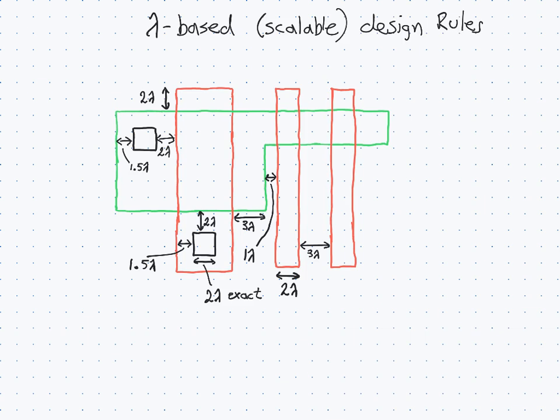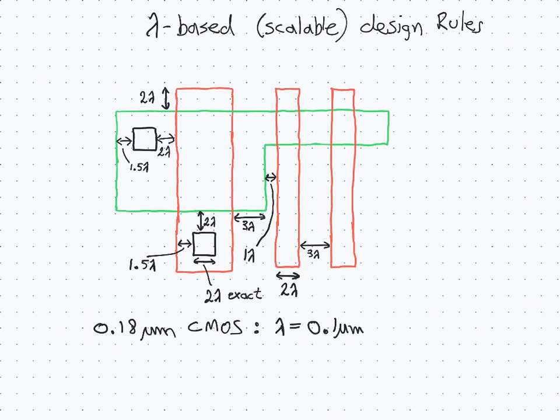Now when it comes to working out the actual physical dimensions for a given process, what you do then is assign lambda to a certain dimension. Now for instance, in a 0.18 micron technology, you would normally assign lambda to be equal to 0.1 micron.